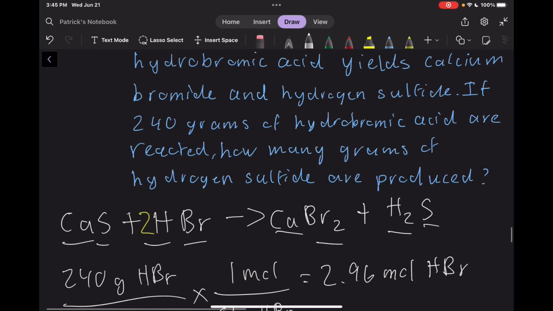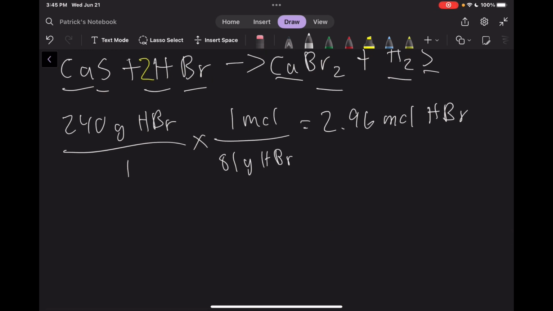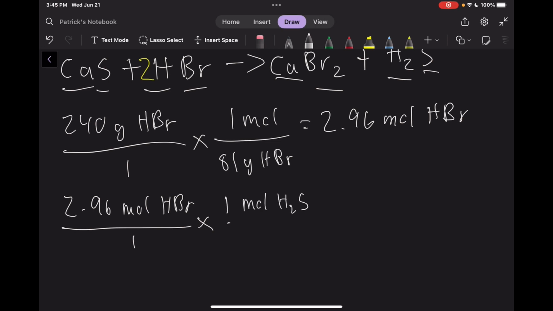According to the coefficients from our equation, the molar ratio of H2S to HBr is 1/2. When we multiply these two, we get 1.48 moles of H2S.